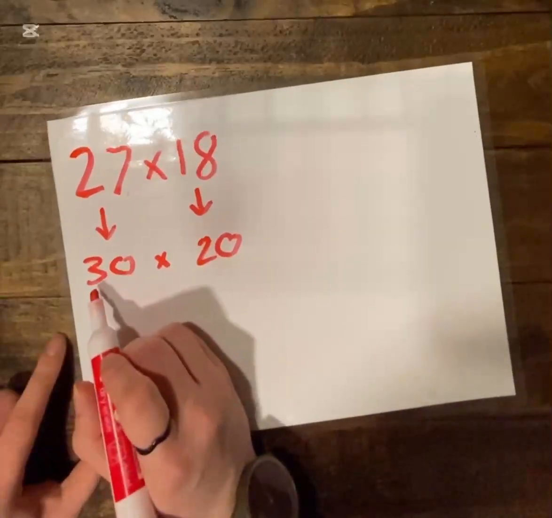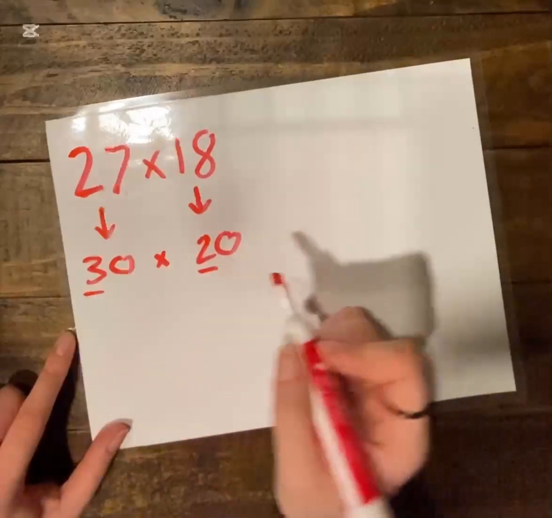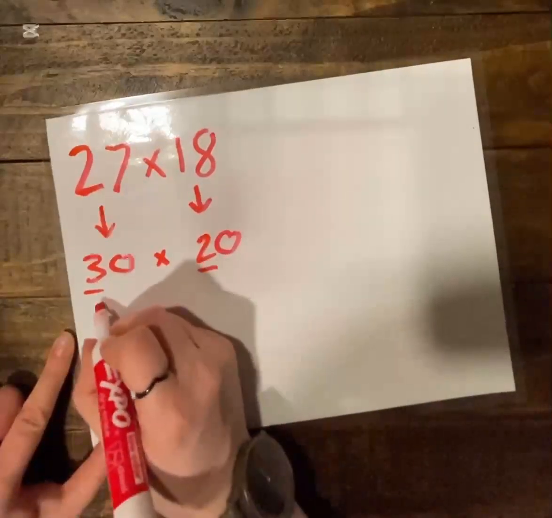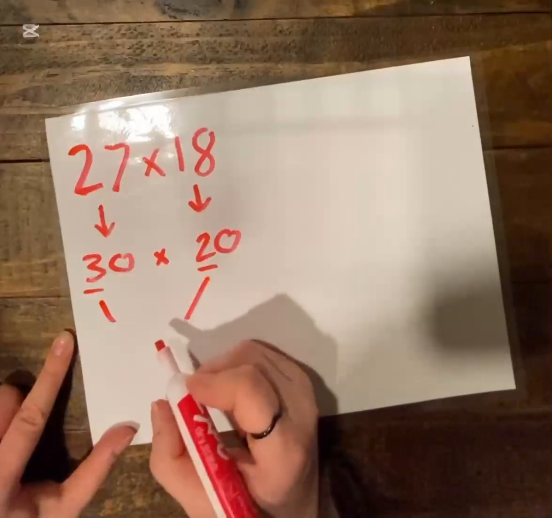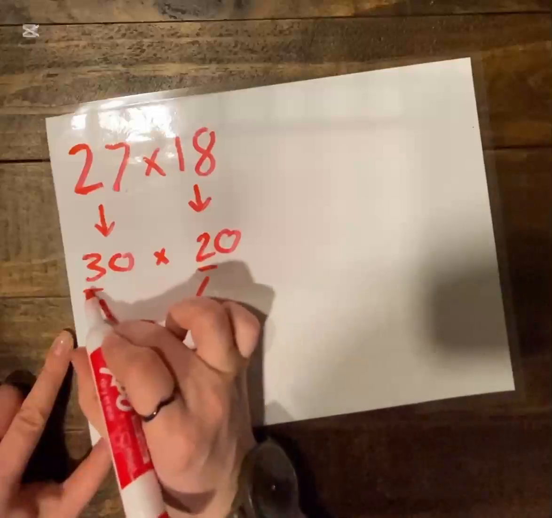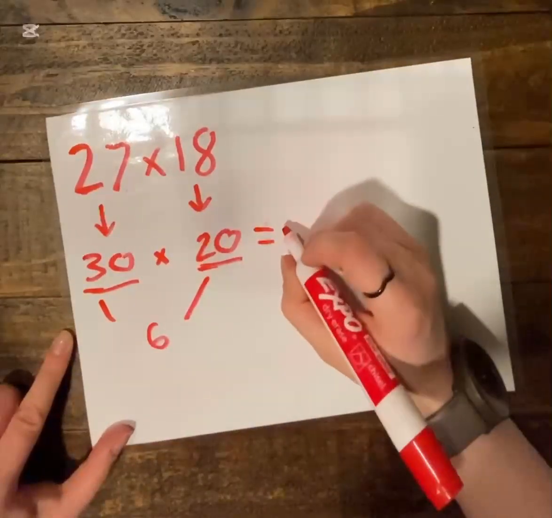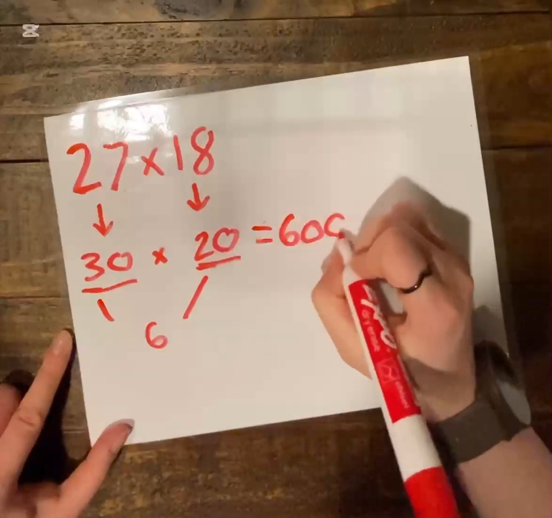Now I look at the 3 and the 2, and I know that together 3 times 2 is 6. But it's not 3 times 2, it is 30 times 20, so it is 600.